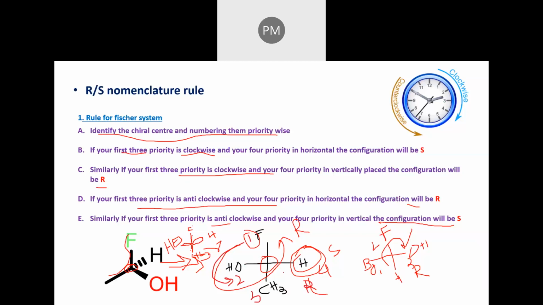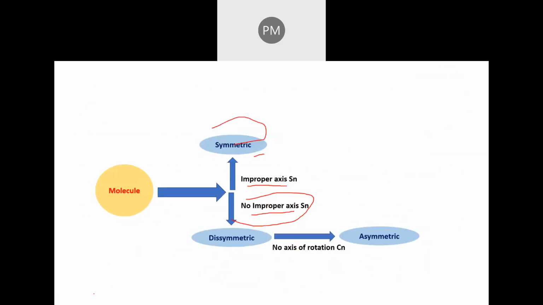If it is in the vertical plane, then clockwise rotation will be R and anti-clockwise rotation will be S, and if it is in the horizontal plane, then clockwise rotation will be S and anti-clockwise rotation will be R.